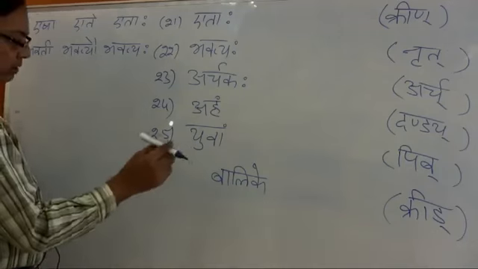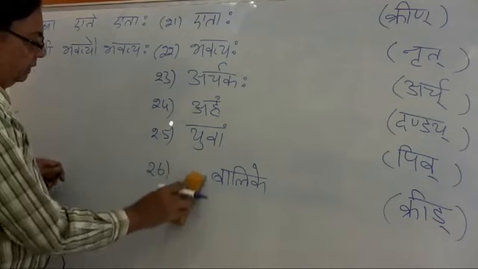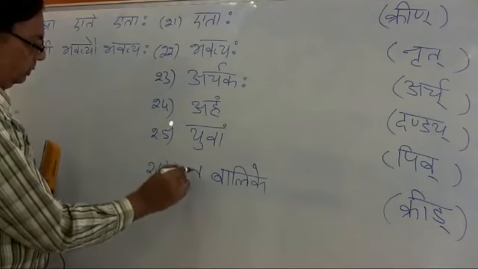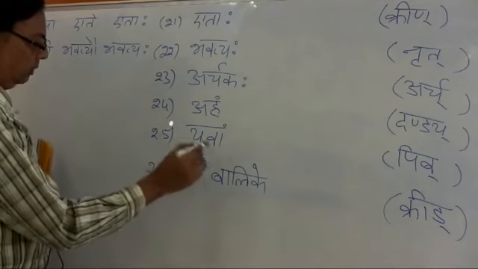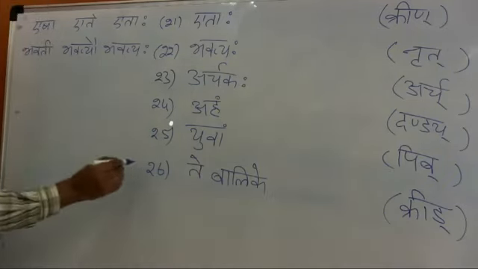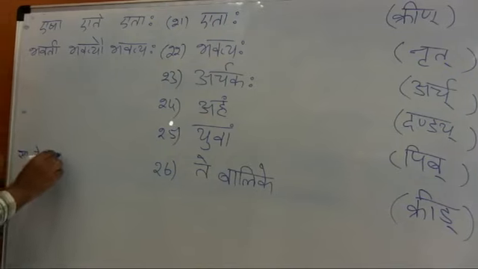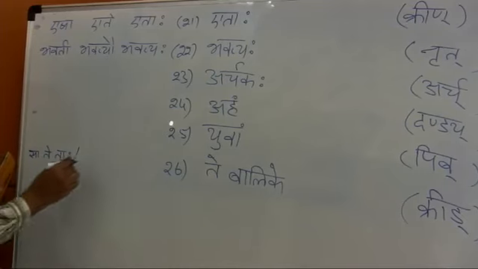To avoid that confusion between sambodhana and the dual number, te balike is given. How is te derived? Sa becomes te in the dual number, taha in the plural number. I am writing balika.